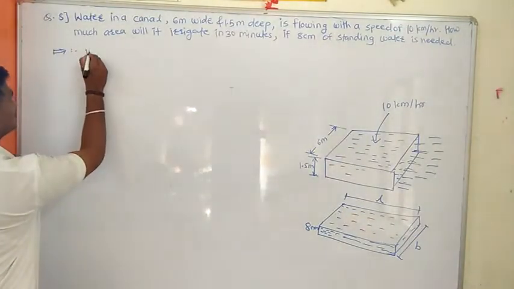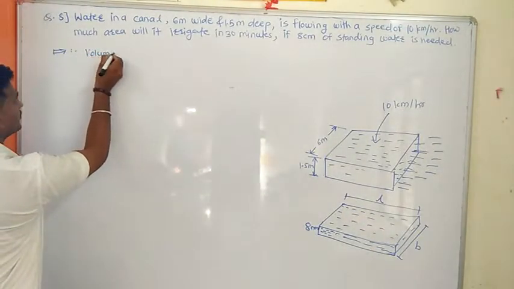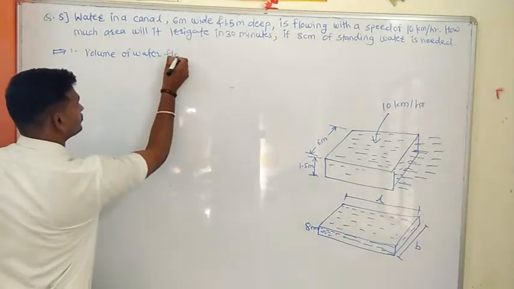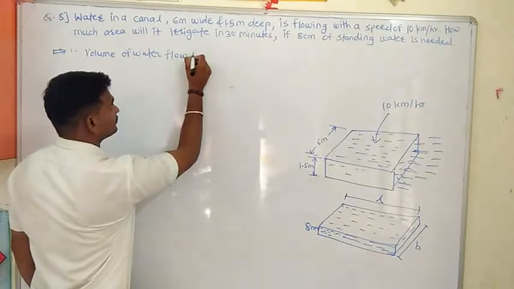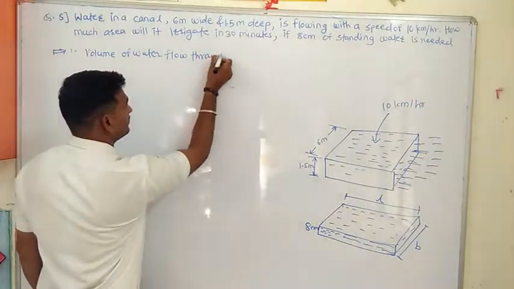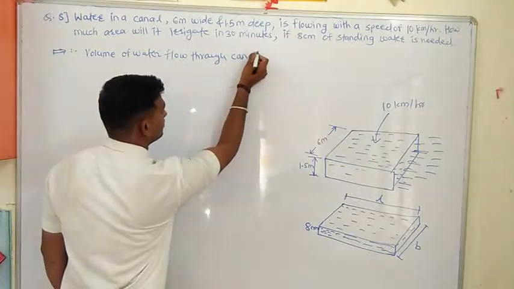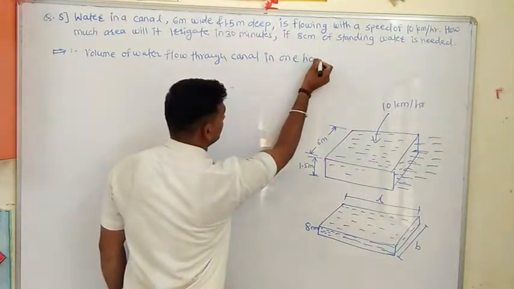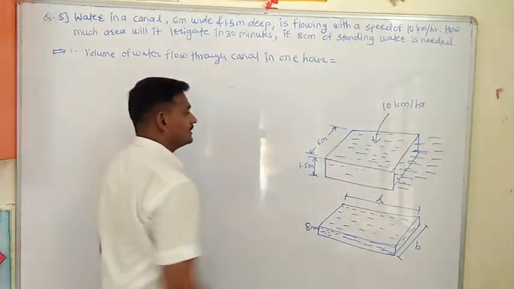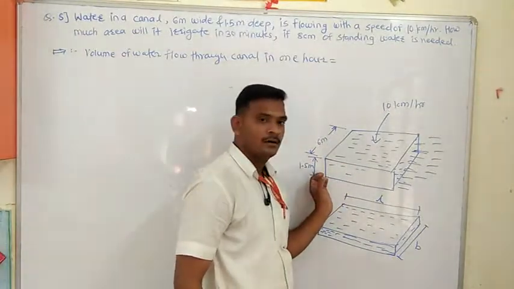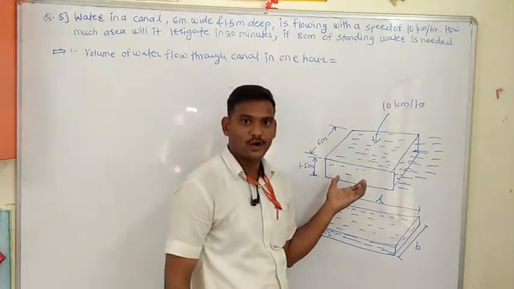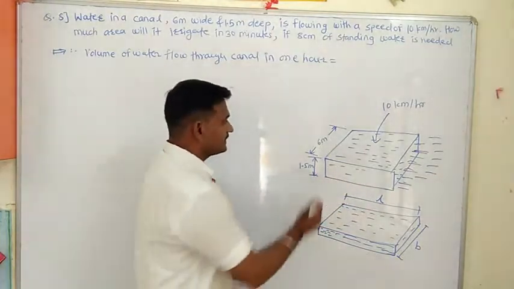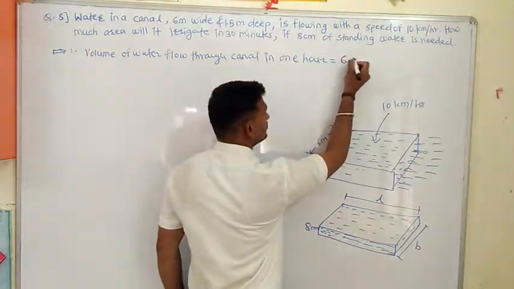First, volume of water flow through the canal in 1 hour is equal to, this canal is in the shape of a cuboid. Therefore, volume of cuboid formula we have to apply here. That is, in 1 hour how much will it flow? 6.